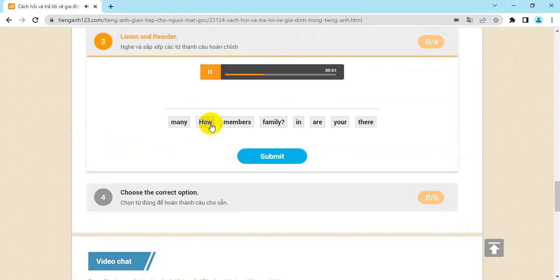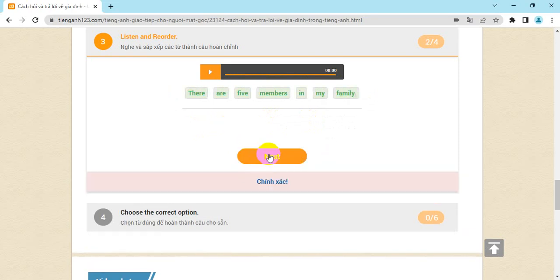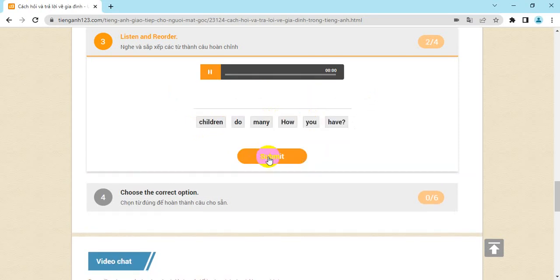How many members are there in your family? There are 5 members in my family. How many children do you have?